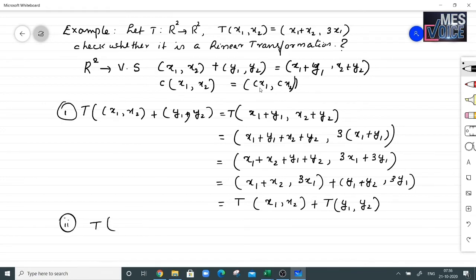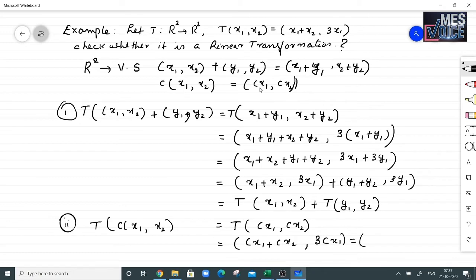The second condition is T of c into (x1, x2). This is equal to T of (c x1, c x2), since scalar multiplication is defined as (c x1, c x2). This is equal to, the first coordinate is c x1 plus c x2, the addition of the first two coordinates, and the second coordinate is 3 times the first coordinate, that is 3c x1.